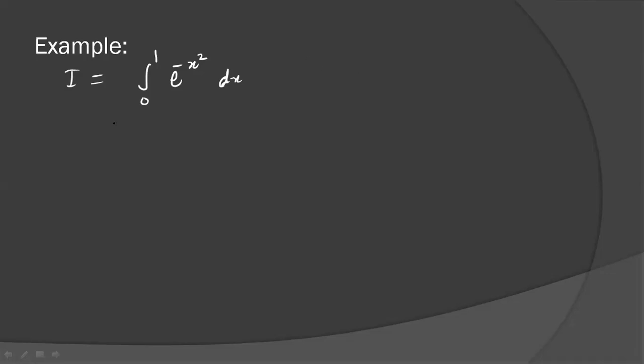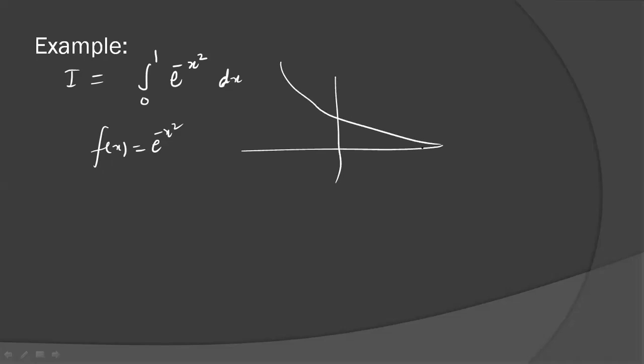How? If we see f(x) equal to e to the power minus x square, it is a strictly decreasing function in the interval 0 to 1. How are you claiming this?